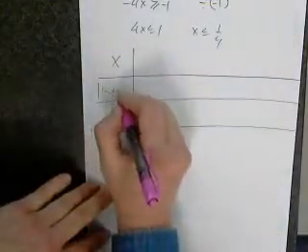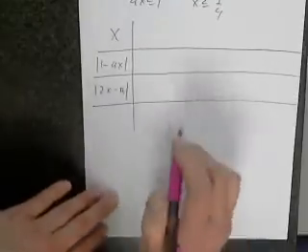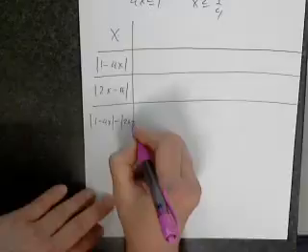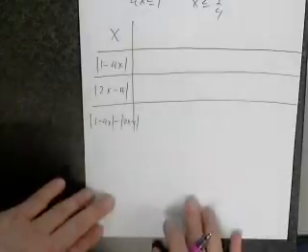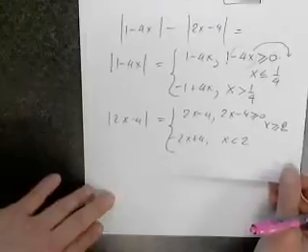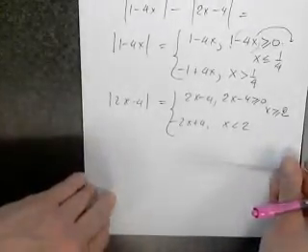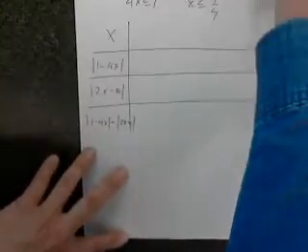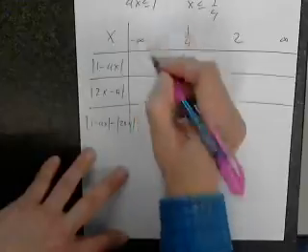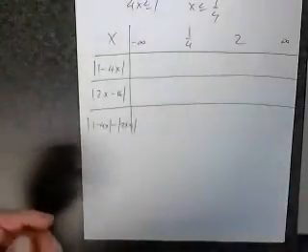So the absolute value of 1 minus 4x, the absolute value of 2x minus 4, and the last one, which is 1 minus 4x minus 2x minus 4. Which numbers go in the chart? Obviously 1/4 and 2. Yes. Good. And now I just summarize what I have.